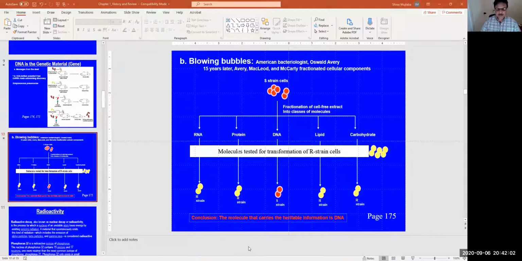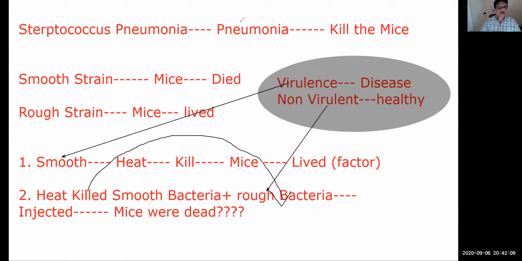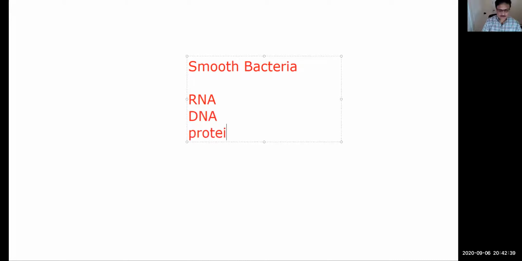What these scientists did, they took the smooth bacteria and fractionated it into major biomolecules, for example RNA, DNA, protein, lipids, and carbohydrate.